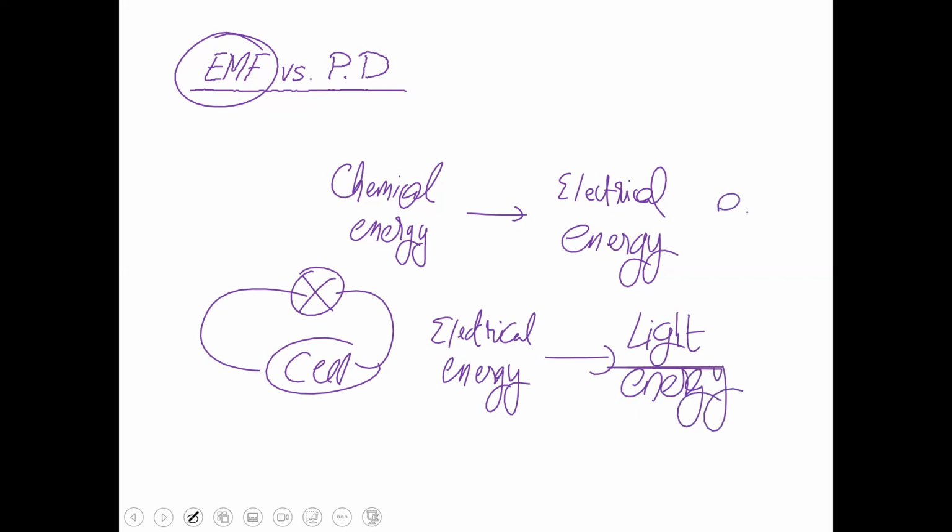So one is called EMF and one is called PD. What is EMF? When any form of energy converts into electrical, it is called EMF. And when electrical converts into any other form, then it is called PD.